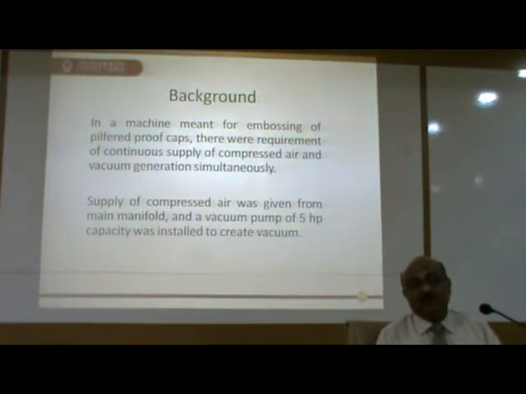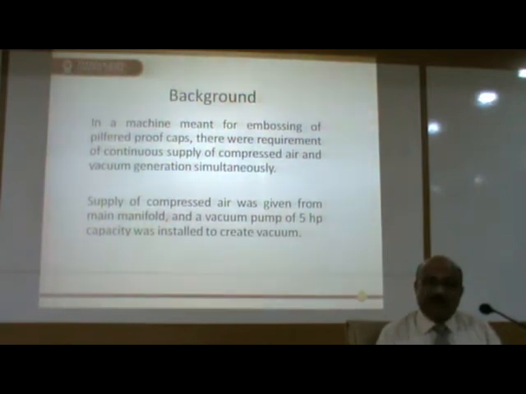One is compressed high-pressure air to operate the tools, and negative pressure to create the vacuum, and this vacuum was for holding the tools. Actually, the pilfer-proof cap is a very delicate item. This is the bottle crowner actually, a bottle cover.